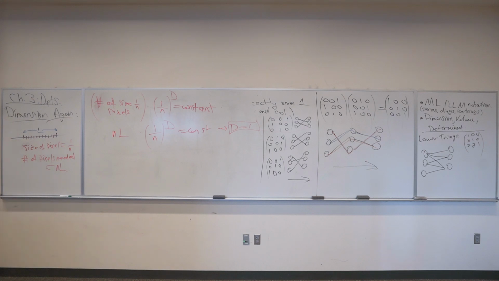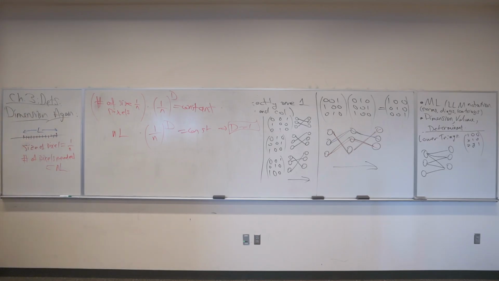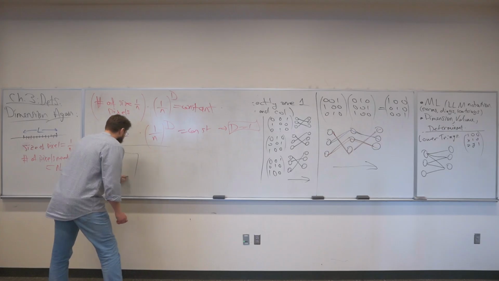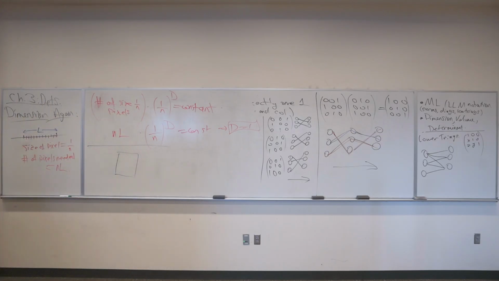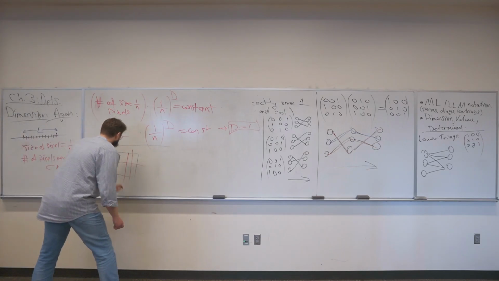Any questions about this so far? Of course, I'm going to do this with 2 dimensions to make a little bit more sense. In 1 dimension, it doesn't really make sense as far as I'm concerned. If I had a small patch that is supposed to be 2-dimensional, it's going to be rectangular like this. Again, I'm going to try to cover it using pixels, little boxes, okay? So like this.